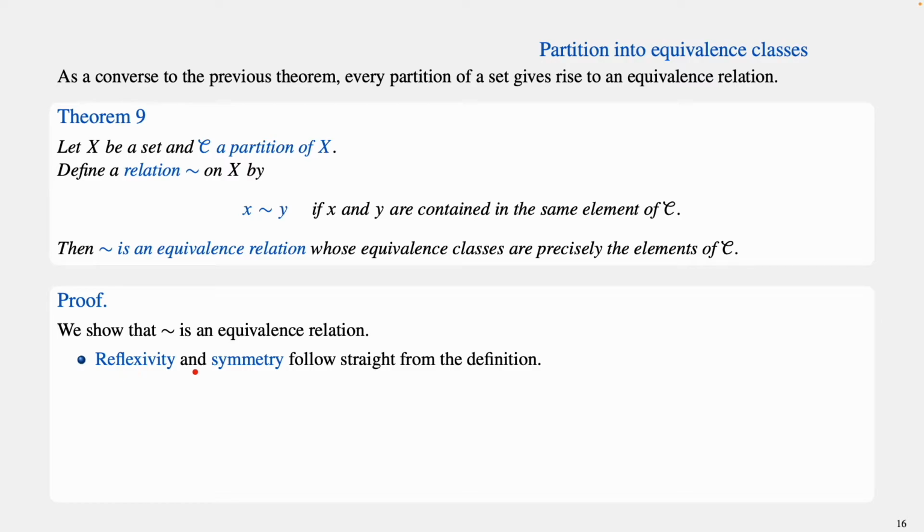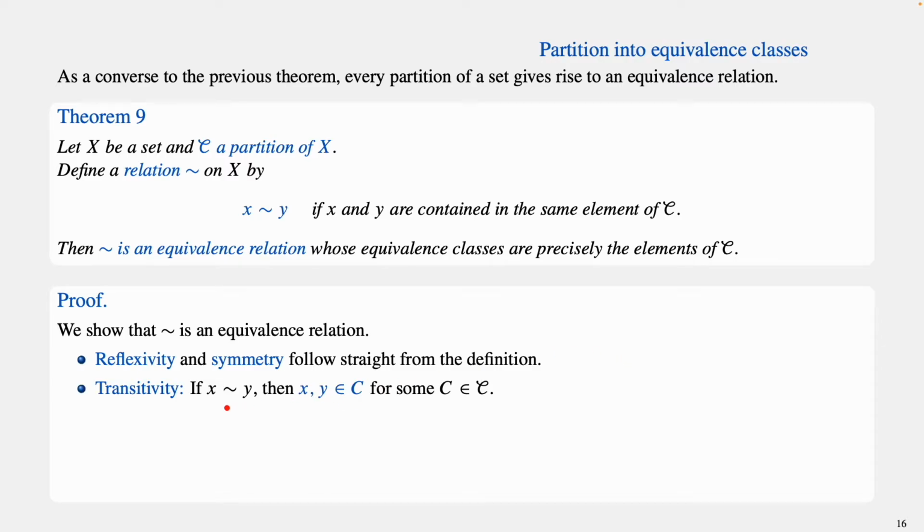And here reflexivity and symmetry follow straight from the definition. So x and y being contained in the same element is the same as saying y and x are contained in the same element. And of course, a single element x is contained in the same element of C as itself. So there's nothing to show for those two.